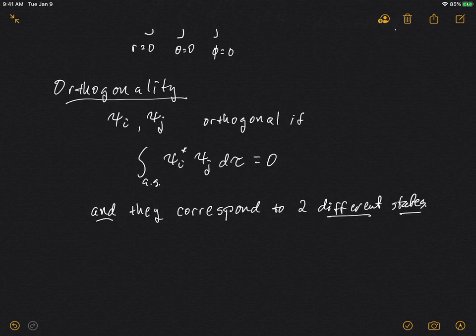And when we have a set of states that are orthogonal, we also would want them to be normalized. It turns out that there's a lot of use for having a collection of states that are orthogonal to each other, and each state itself, each wave function which corresponds to a state, is normalized.